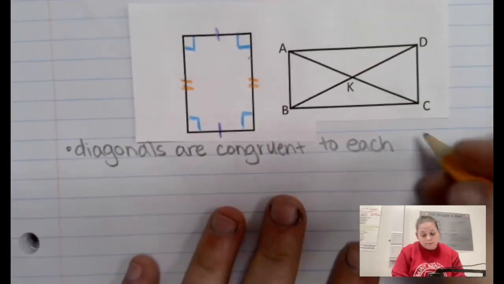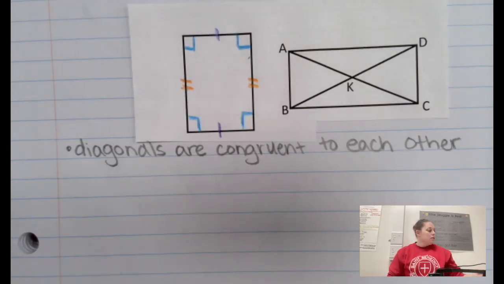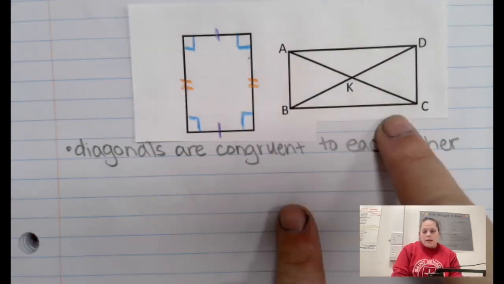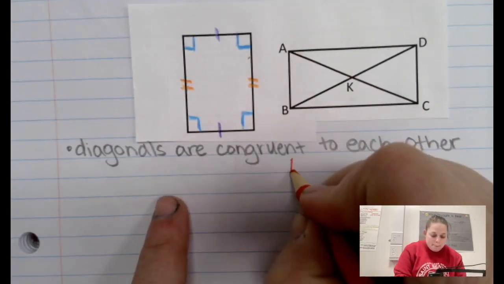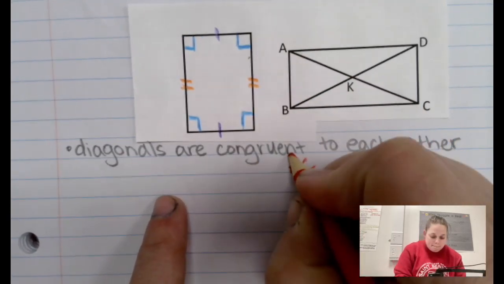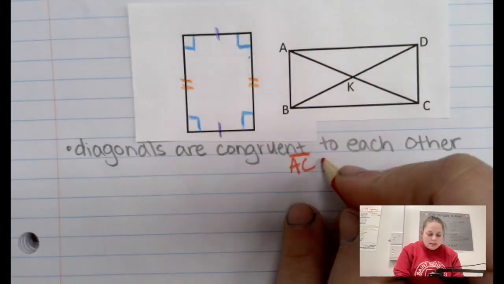There we go. Sorry. Diagonals are congruent to each other. So if I look at this picture here, my diagonals, I have A to C would be congruent to B to D.